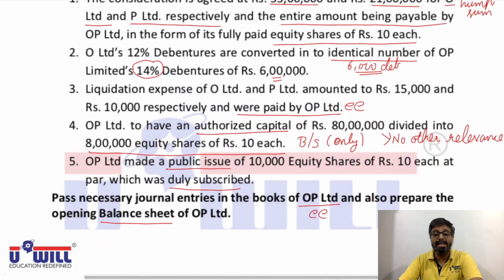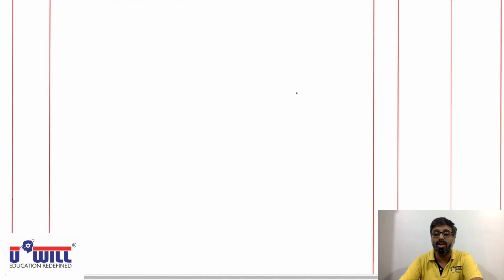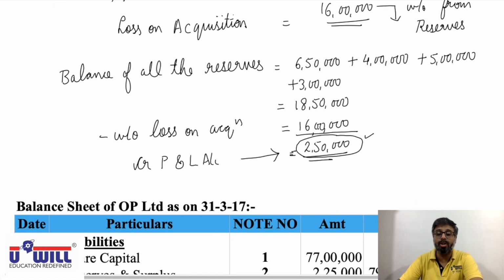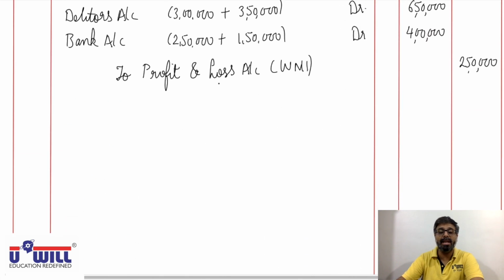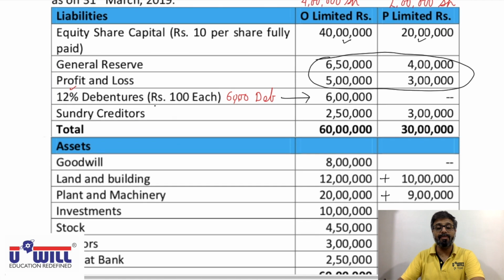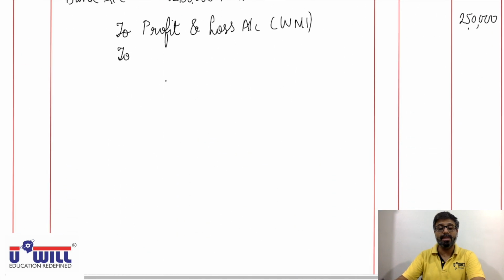As I said, liabilities including reserves, but we don't write general reserve and P&L account. Why? Because general reserve and P&L account is used in writing off this loss on acquisition, and after writing off the loss on acquisition, only this much balance remains in P&L account. So only that 2,50,000 we credit. Then to liabilities account, we have 12% debentures, 6 lakhs, only O Limited's value.